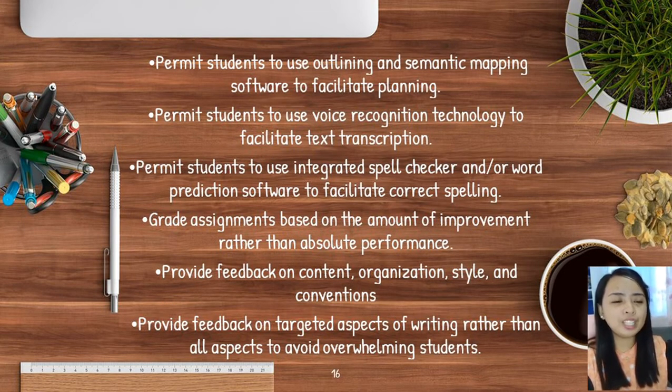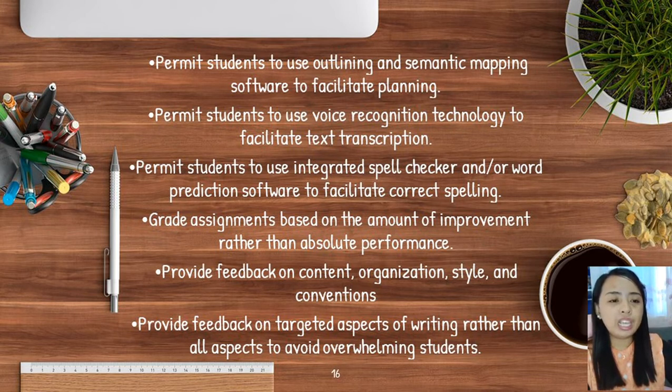Next, permit students to use outlining and semantic mapping software to facilitate planning. So what is semantic mapping? Semantic mapping is a process for constructing visual displays of categories and their relationships. It is a categorical structuring of information in graphic form. It is an approach leading students to relate new words to their own experiences and prior knowledge.